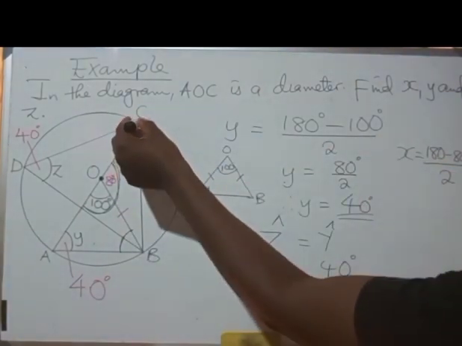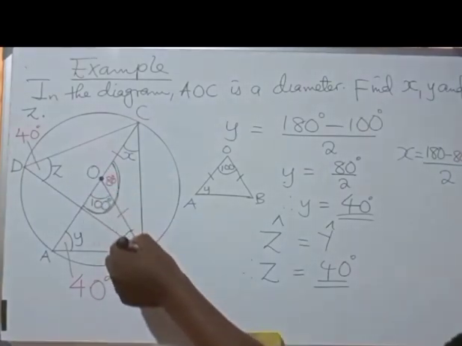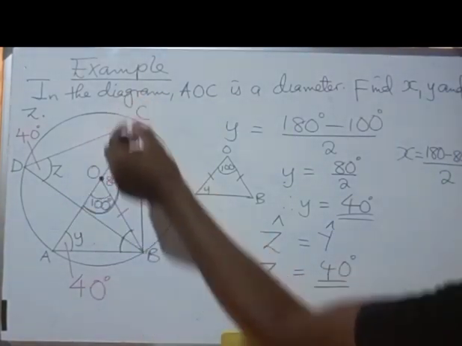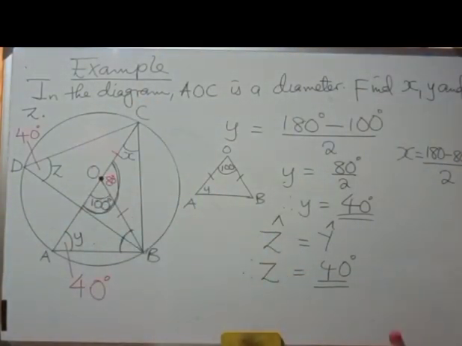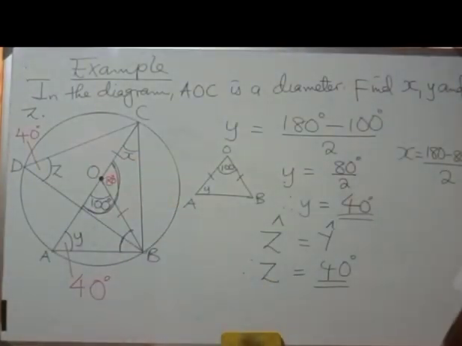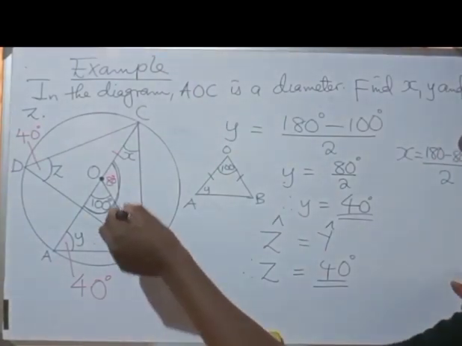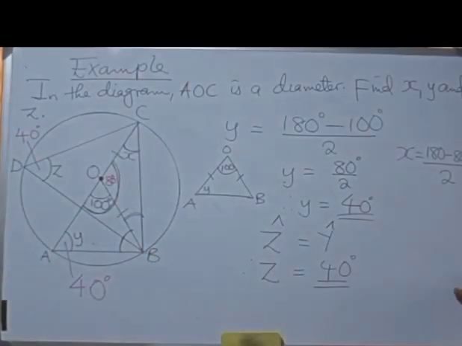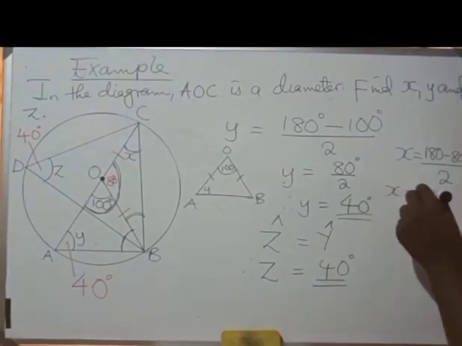Why have I brought this one? Because BOC is a triangle. So I'll say 180 minus 80, and the answer I get, I'll divide by 2, because this angle here is the same as angle X I'm looking for.